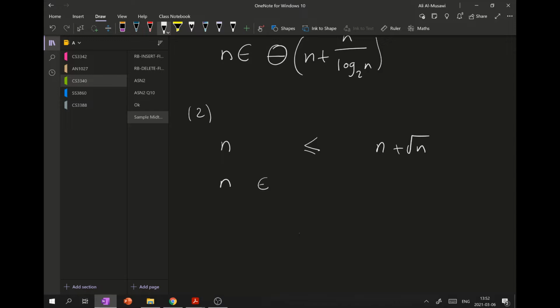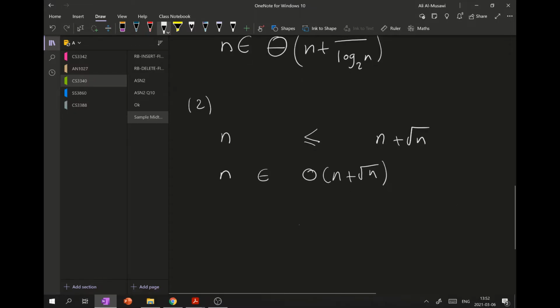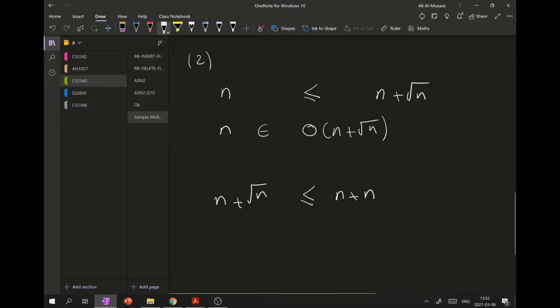That means n is big O of n plus root n. That's not enough. So n plus root n is obviously less than or equal to n plus n. Why? Because root n makes numbers smaller.